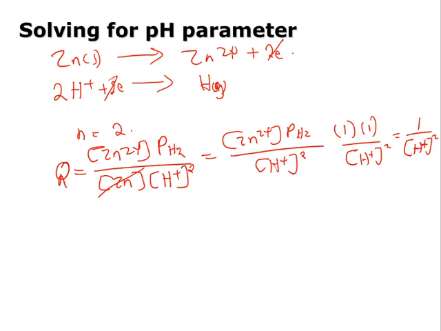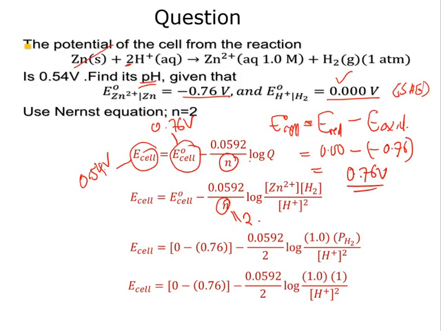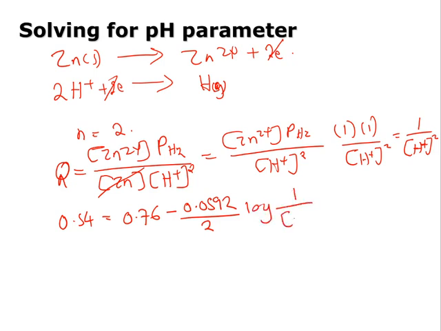So when we substitute into our equation, what we get basically is 0.54 is equal to 0.76 minus 0.0592 divided by 2, then log 1 divided by hydrogen concentration.